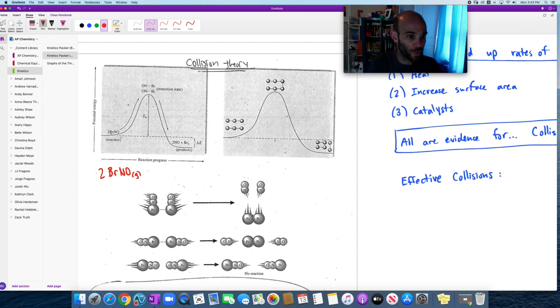So we start off with 2BrNO, and that's the one reactant, I suppose. And then there's two products that form, and those are nitrogen monoxide and diatomic bromine, which is a liquid at room temperature. Okay, so we've got these gases, and they collide, and we get the products.